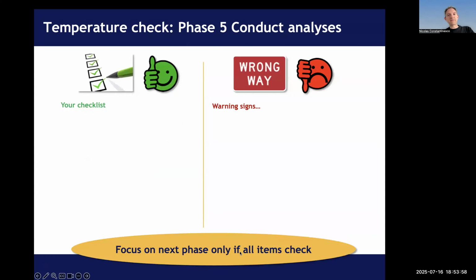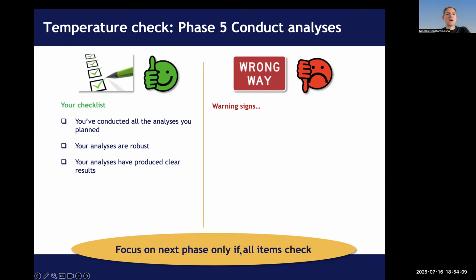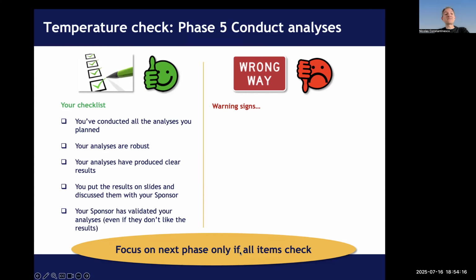But so for phase 5, you'll know when you're done with your analyses. Basically, you've done all the analyses you planned, they're robust, they've produced clear results, and you put the results on slides and discuss them with your sponsor, and your sponsor has validated the analyses, even if they don't like the results.